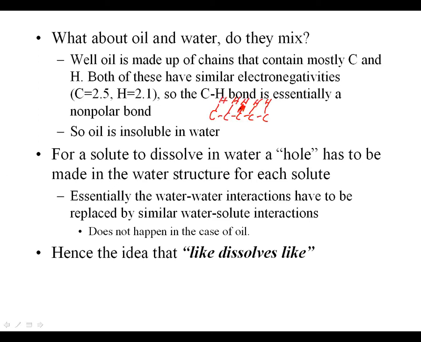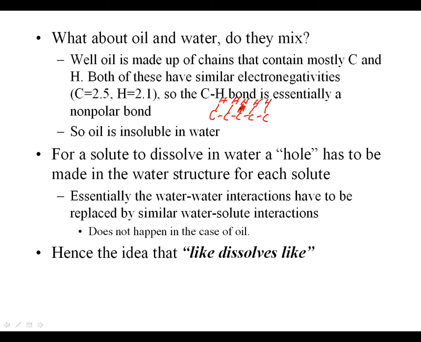But what we do know about the two types of bonds that we do see in something like oil is the electronegativity of carbon is 2.5. The electronegativity of hydrogen is 2.1. Again, when we do the difference, that gives us our 0.4. And the bond between carbon and hydrogen is considered a nonpolar bond, which means there is no separation of charge.